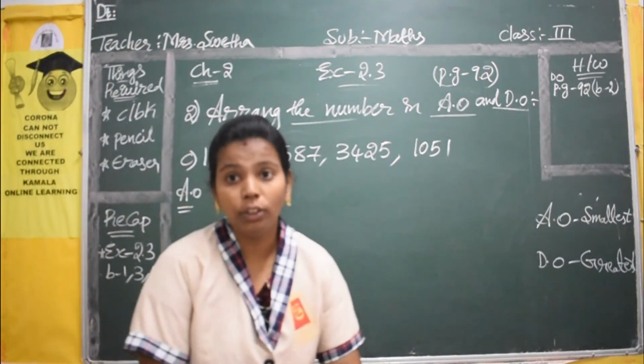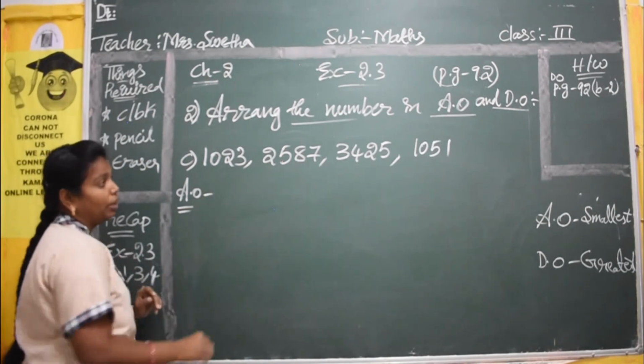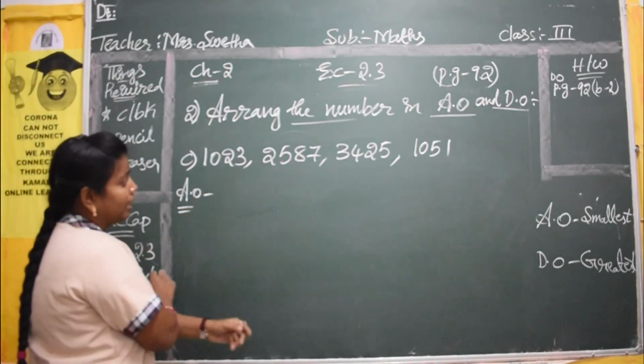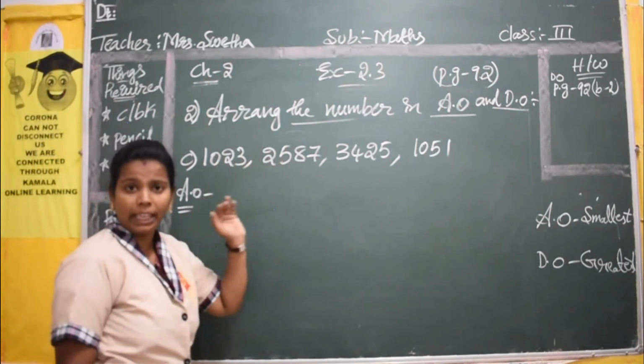Yes, this third one you have, children. These numbers also you have to arrange in ascending order. See, all the numbers have the same 4 digits.